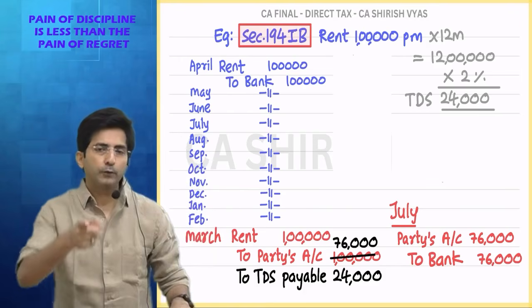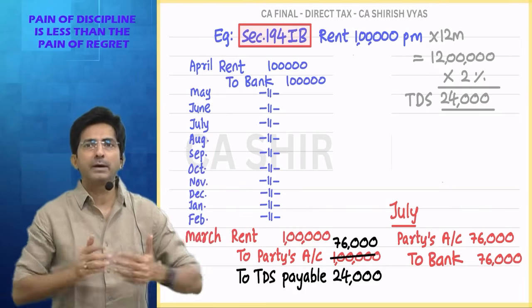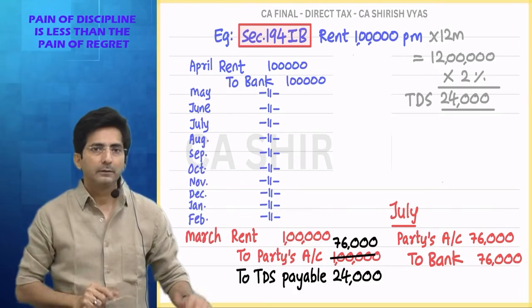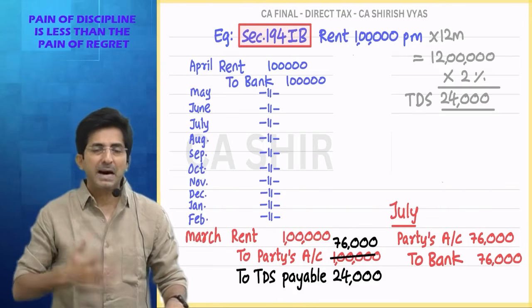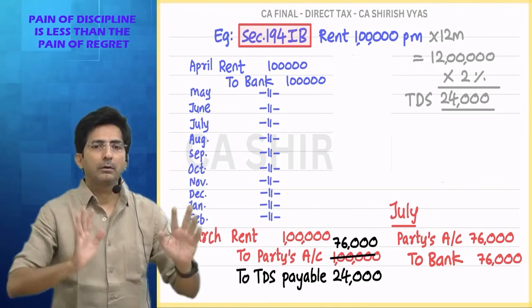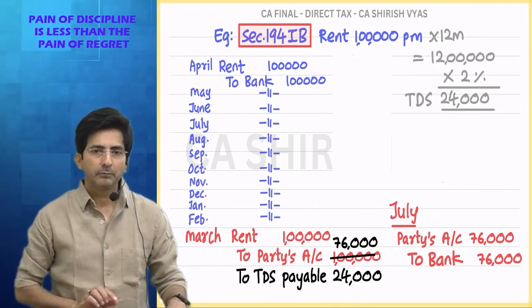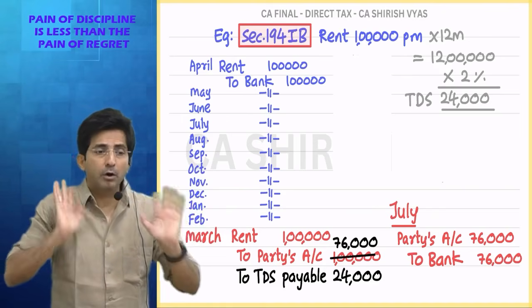So if you understood answer, if I purchase immovable property 50 lakhs or more, 194 IA, so I purchase the house property in the month of August. Pass the journal entry, house property account debit to bank account to TDS payable. 1% TDS house property purchase in the month of August.